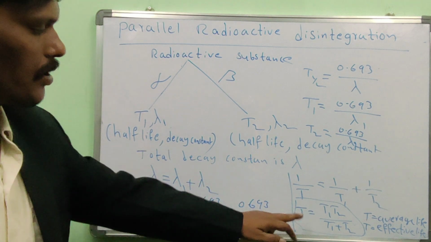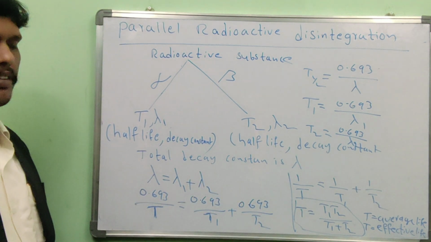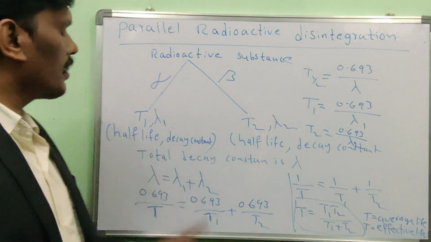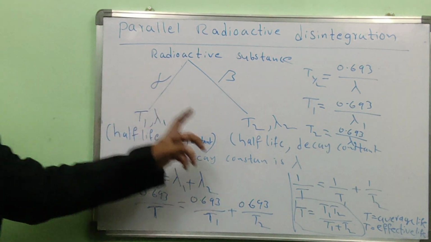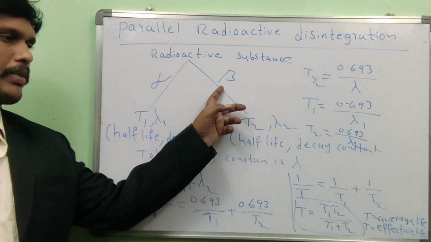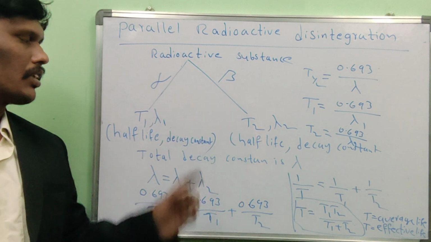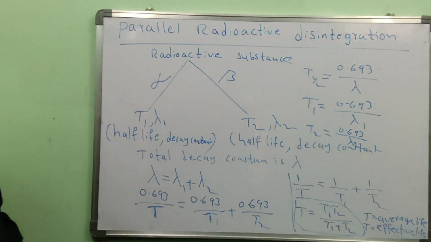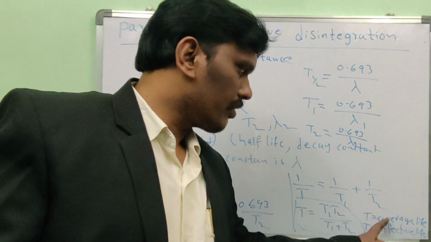By using this formula, we can calculate average life. T is equal to T1 T2 by T1 plus T2, where T1 is the half-life for alpha emission and T2 is the half-life for beta emission. If you know these two, then we can calculate the effective half-life or average half-life by using this formula. This is called average half-life.